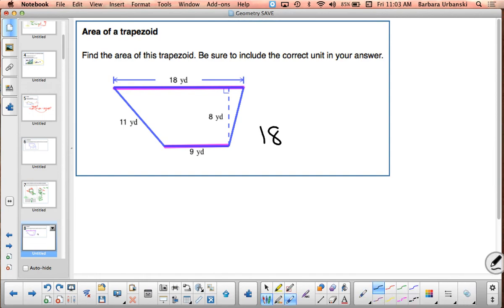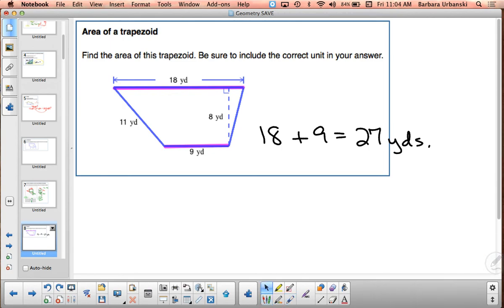We've got 8 yards, and we're going to add 9 yards to that, and we end up with 27 yards. That would be the sum of the 2 sides that are parallel. We're going to take those 27 yards, and then we are going to multiply it by the height, the altitude, which is the line that is meeting at a right angle on one of our parallel sides.